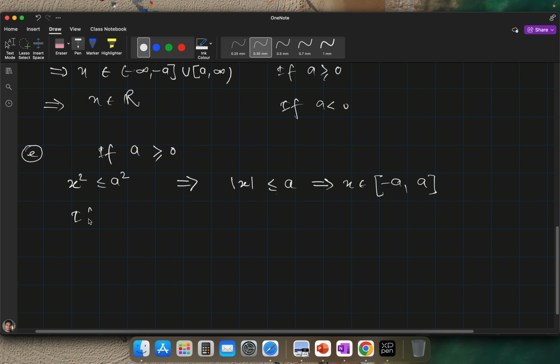But what if a is less than 0 and I have the same inequality? In this case also I can write this. Is this correct or not?